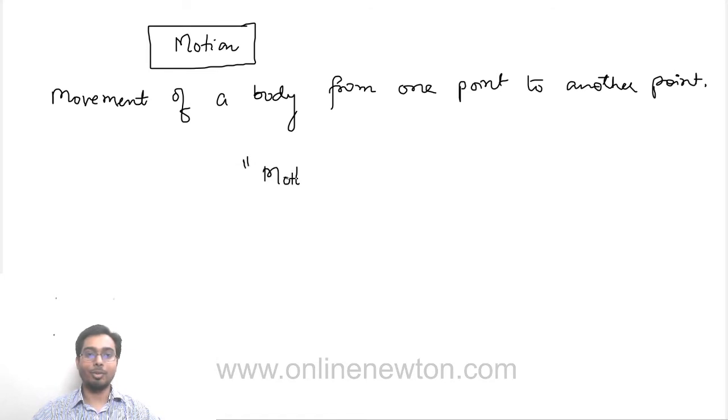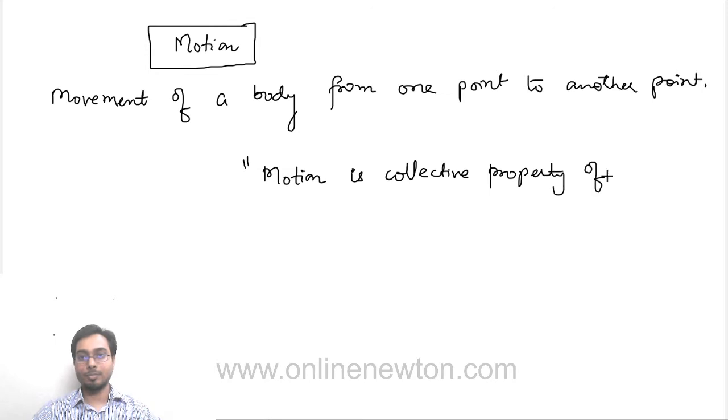Let me write down: motion is a collective property because it depends on both the observer as well as the body. It's a collective property of the observer and the body under observation.